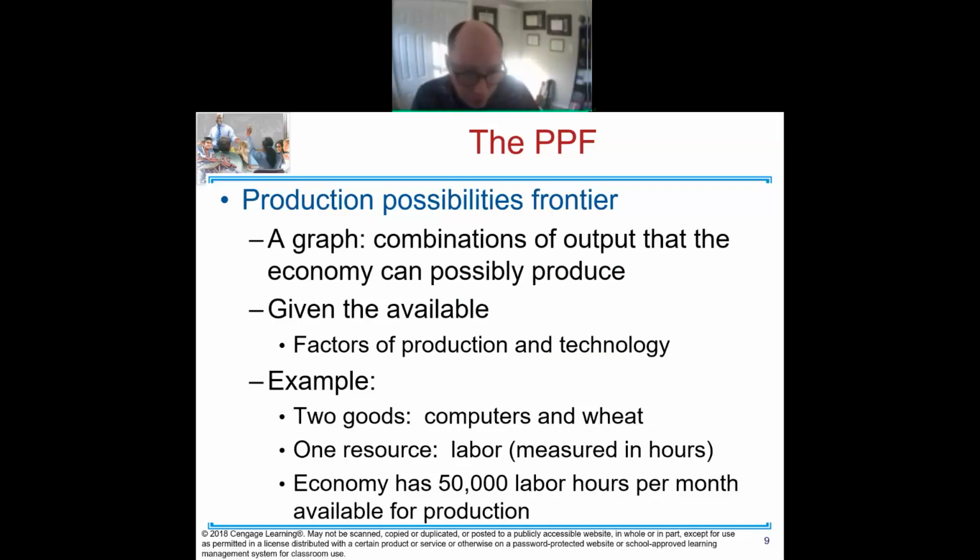So a couple more examples. I gave you an example of a pen and pencil manufacturer in a warehouse. Here are a couple more examples. Computers and wheat. There are a couple of finite resources that we have. We have labor, which is measured in hours.